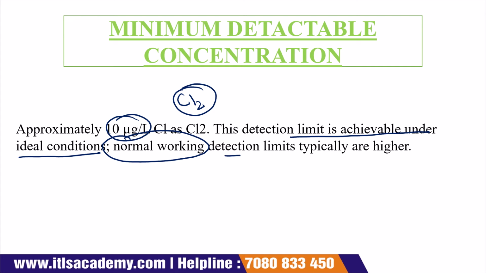Normal working detection limits are typically higher. So 10 micrograms per liter is the limit of chlorine concentration in the water body. If a higher concentration is detected, then it means that our water body is polluted and it may be harmful for human beings.